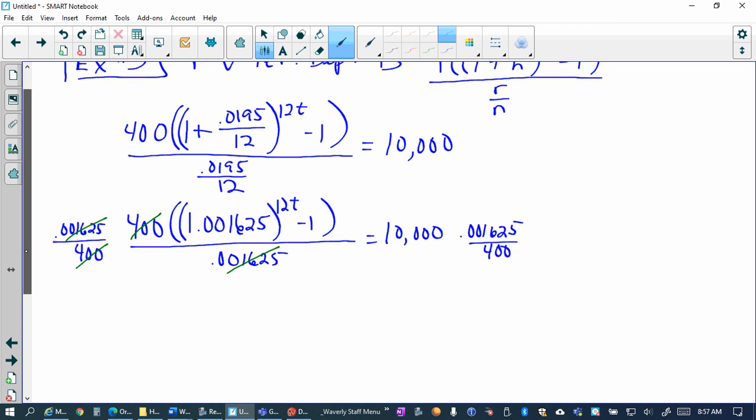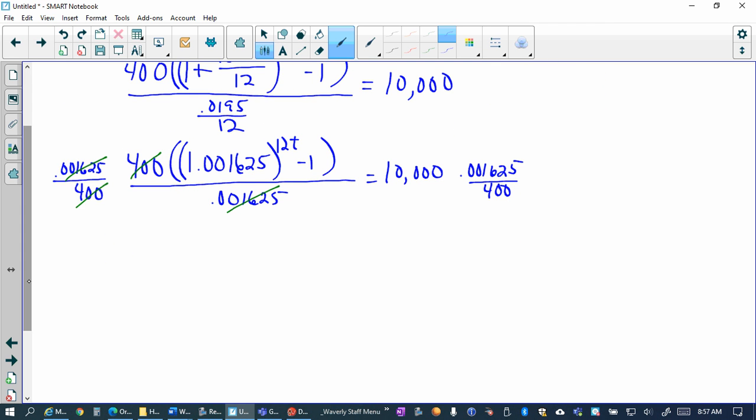So that will leave us with 1.001625 to the 12t minus 1, equaling 10,000 times that mess over there, which gives us 0.040625. We put that in our calculator.